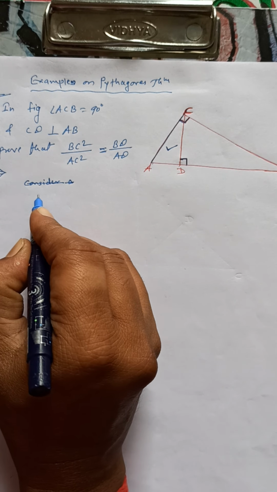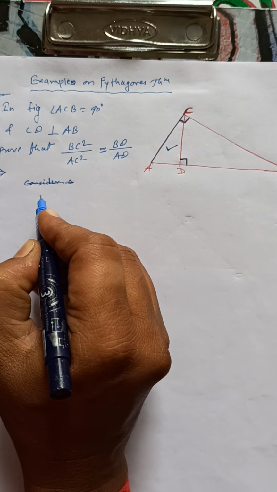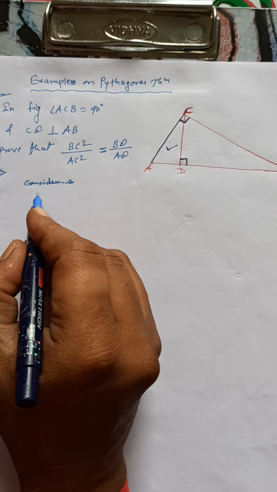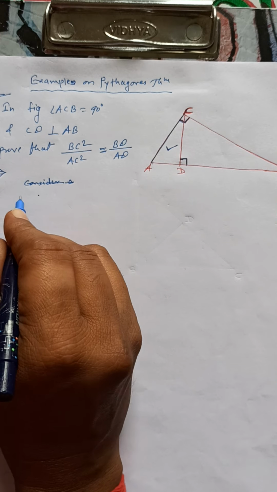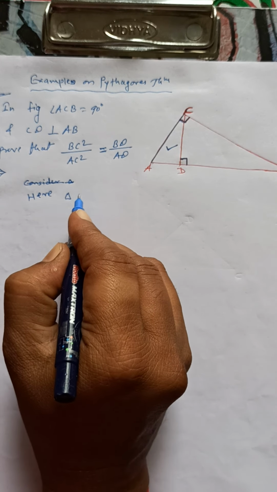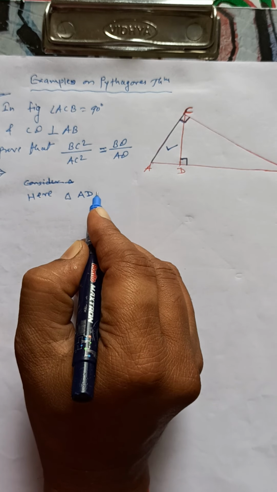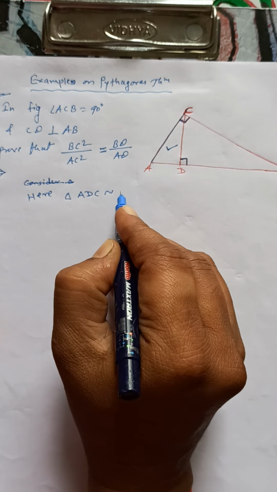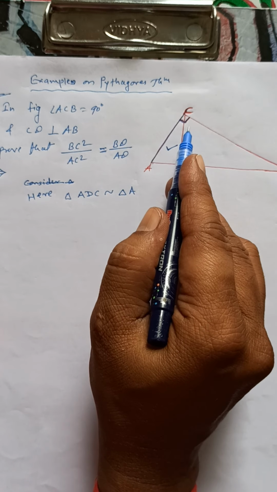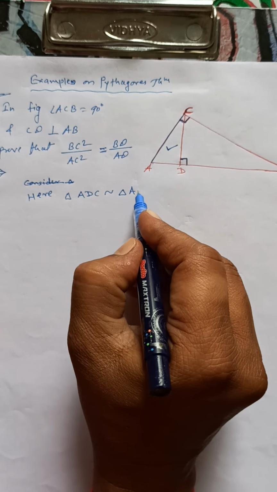These are similar because of theorem 6.7 that I will write here. So here triangle ADC is similar with triangle, I will not take BC, I have to take ACB.